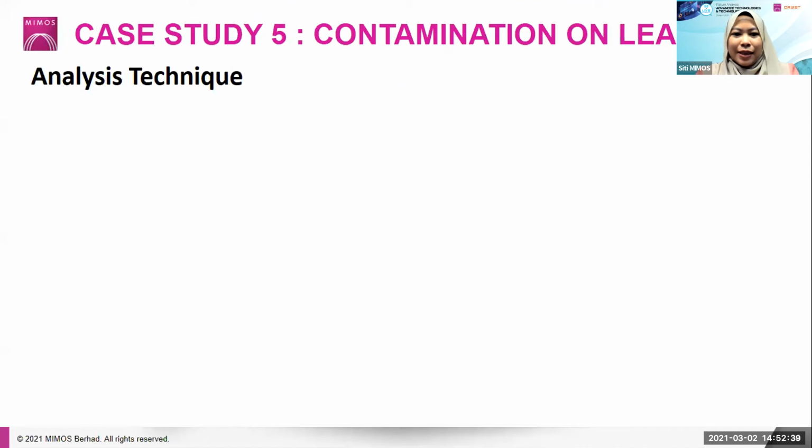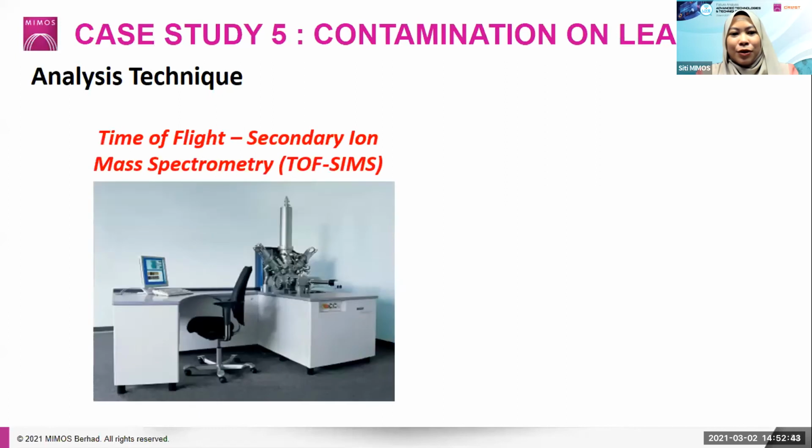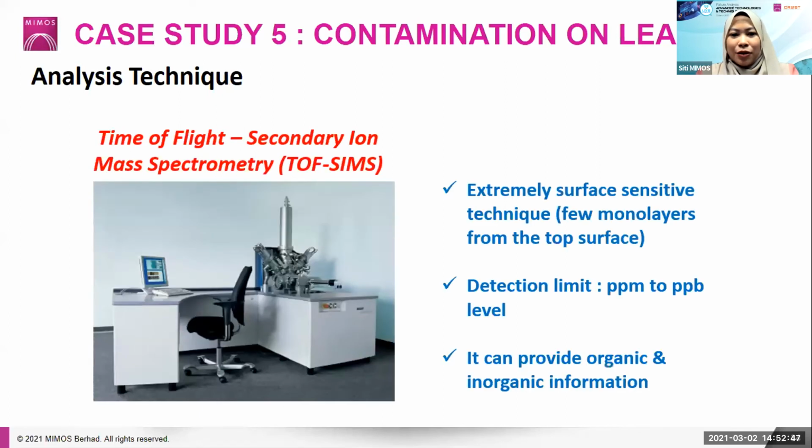For this analysis, we introduce the time of flight secondary ion mass spectrometry technique. TOF-SIMS is basically an extremely surface sensitive technique where the signal information is from a few monolayers of the sample surface. The detection limit in TOF-SIMS is in the range of parts per million to parts per billion.